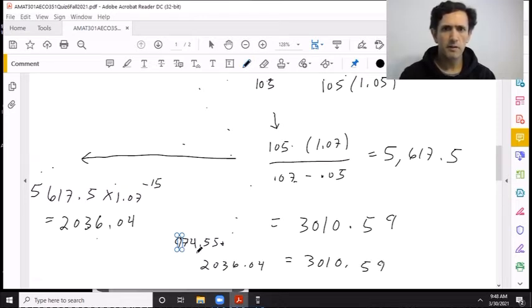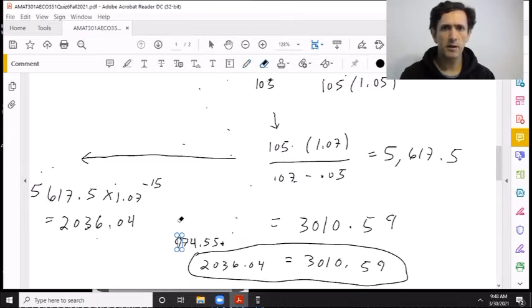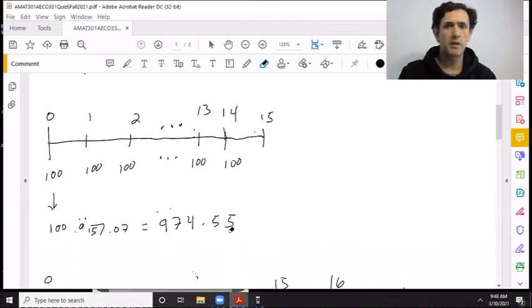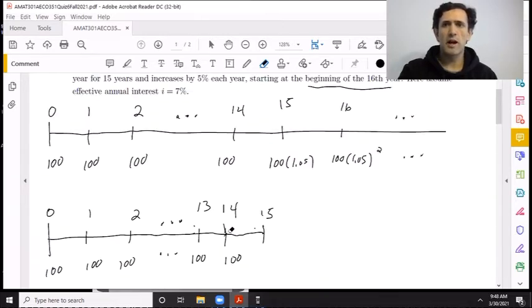Right. So either way is fine. Doesn't really matter which way you do. But just draw a timeline to be careful about how much you discount things. It really does not add too much time to draw a timeline.